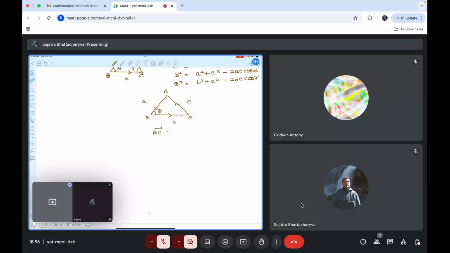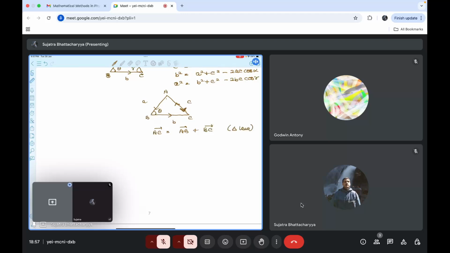AC is nothing but AB plus BC. Correct? These are two vectors and this is the resultant vector. So AC is the resultant vector. Remember, AC is this direction. I have written AC, not CA. This comes from the triangle law of vector addition.